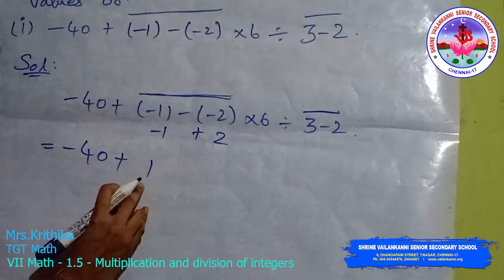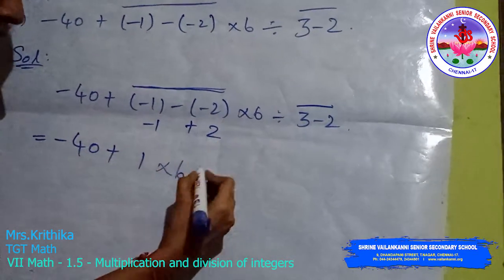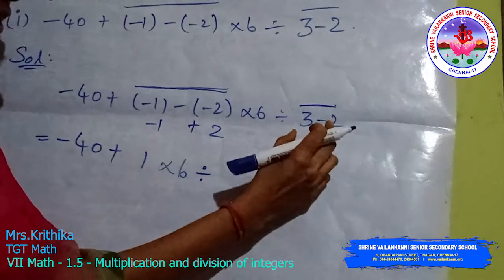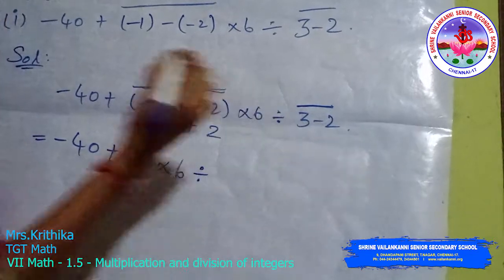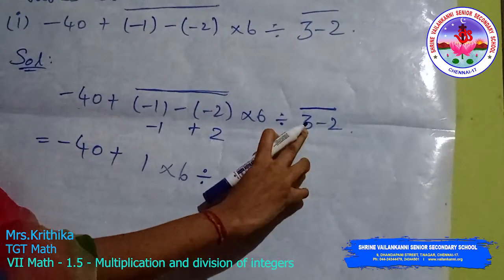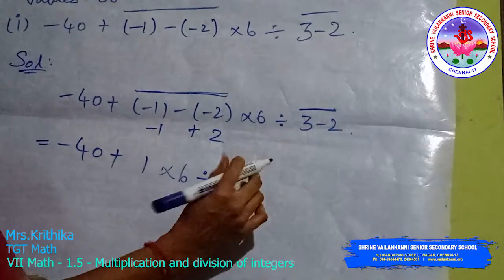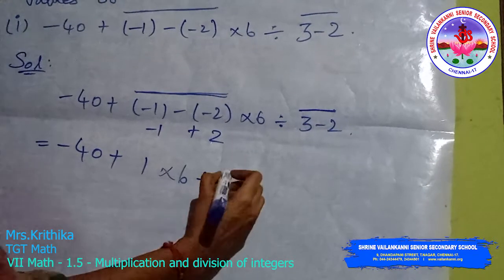The answer is positive 1 into 6 divided by, here also another bar, 3 minus 2. 3 is positive, 2 is negative. The higher value is 3, so the value is positive. 3 minus 2 is 1.